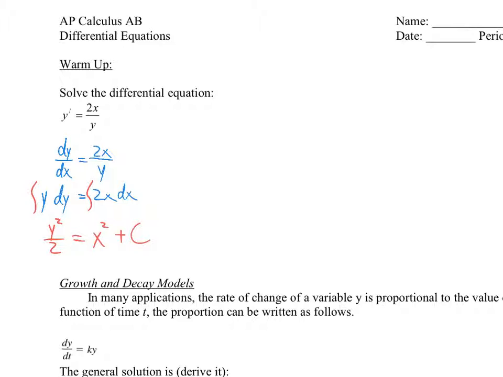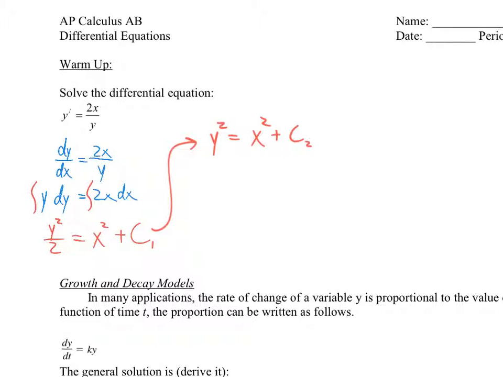All right? One thing as you go through these, especially if you're manipulating things that have that c in there, would be to distinguish between the different c's. Don't just use c through all of it. But what we would have here, if I multiply everything by 2, I have y squared equals x squared plus 2 times c1, or you could just call that a different c, c2.